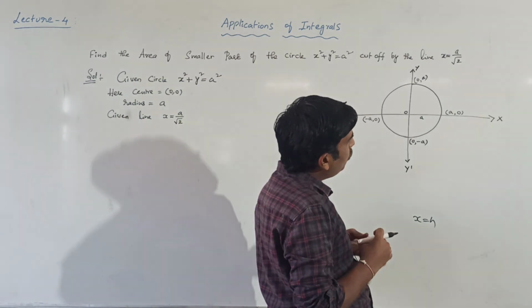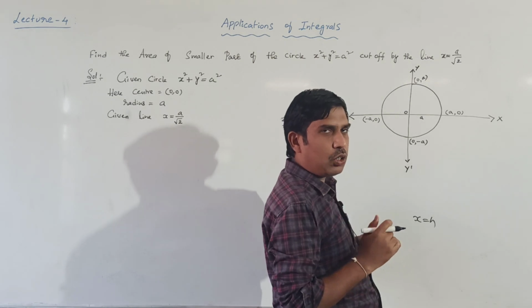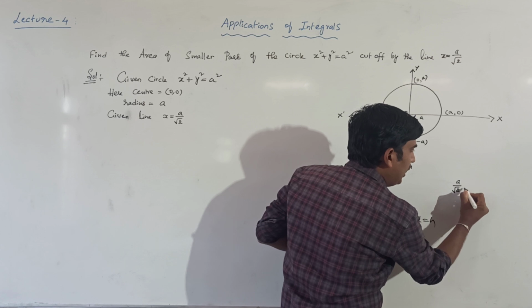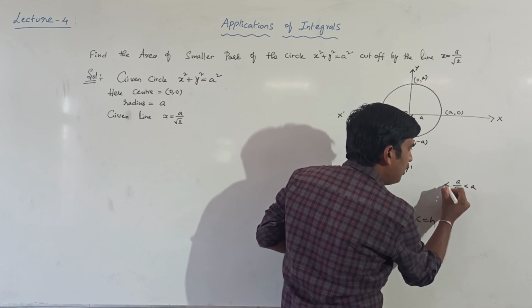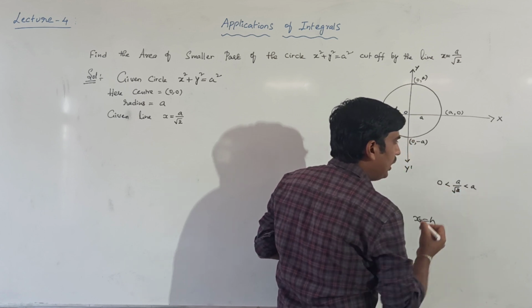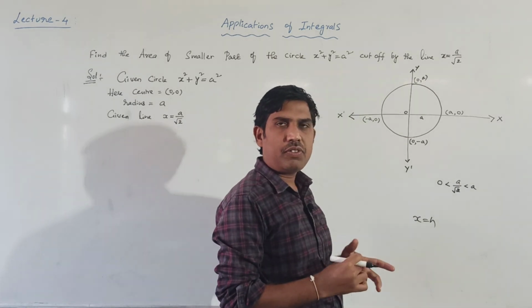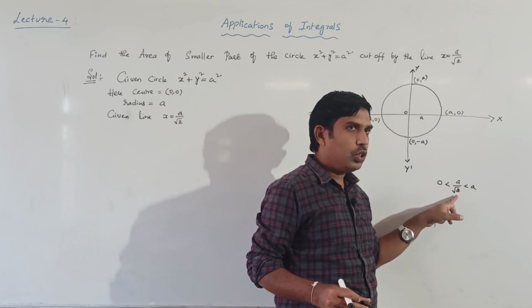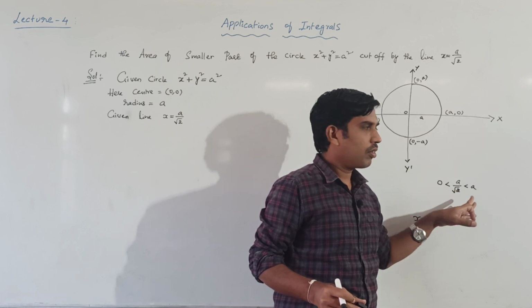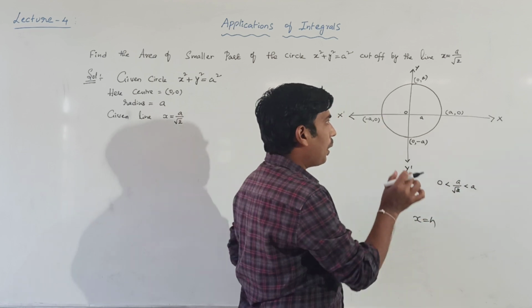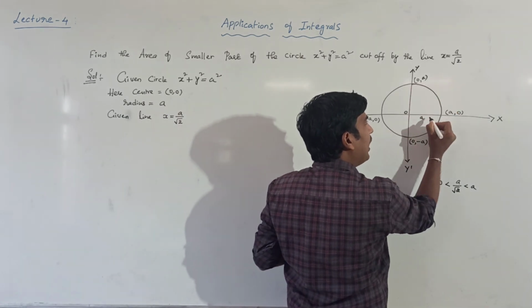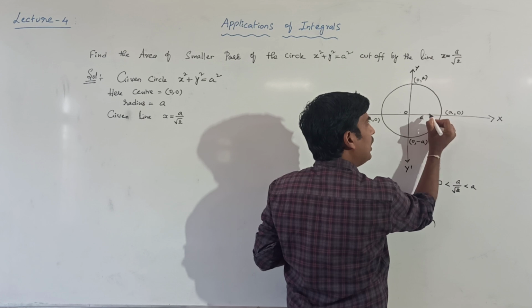So where do we draw that one? We know a by root 2 is less than a and more than 0, for whatever values of a you take. So a by root 2 is more than 0 and less than a.